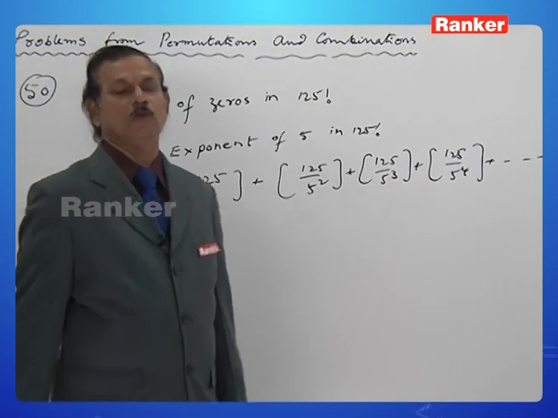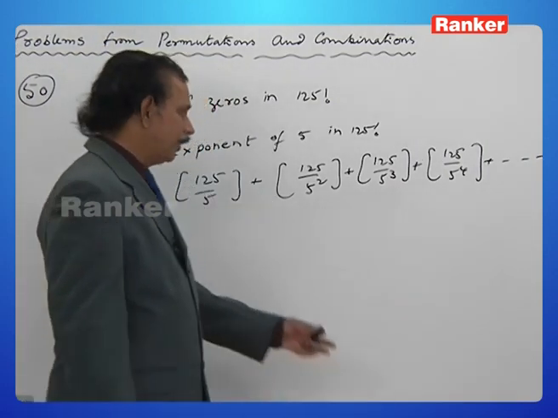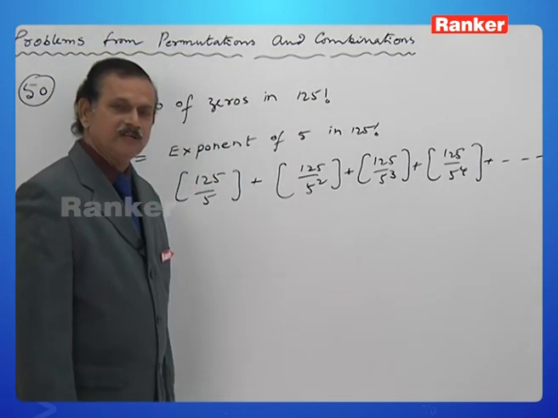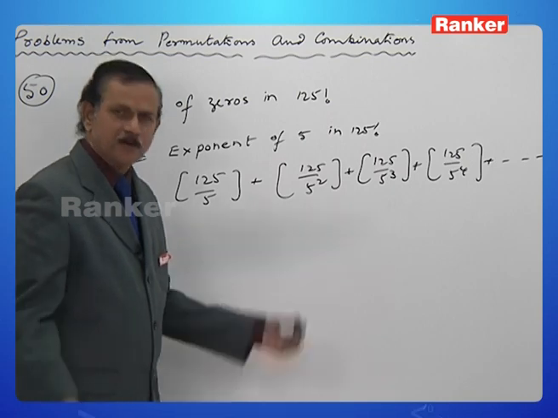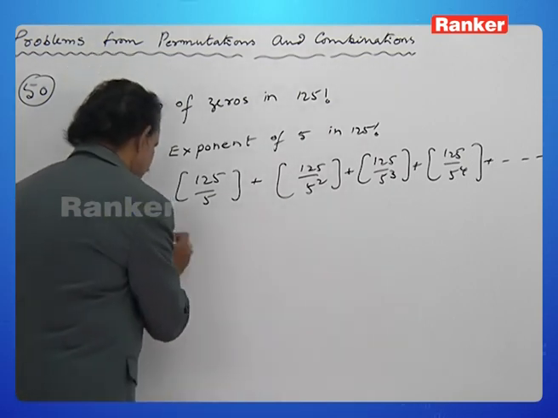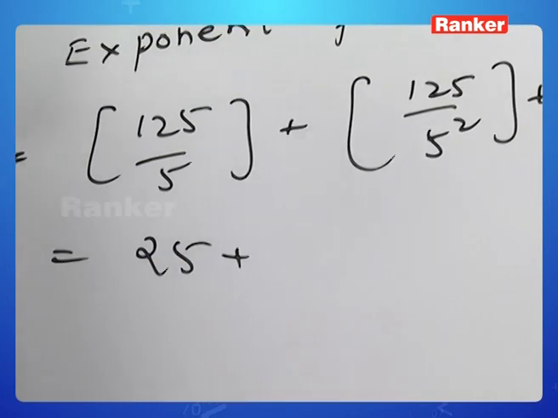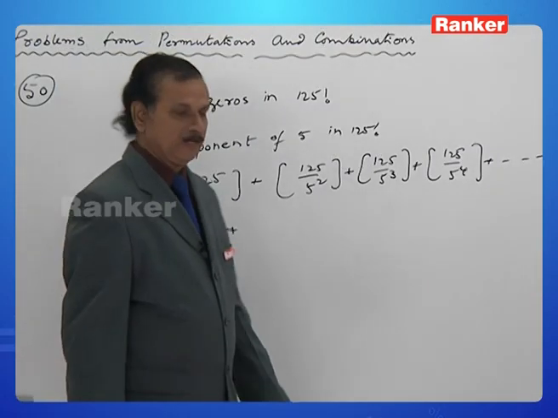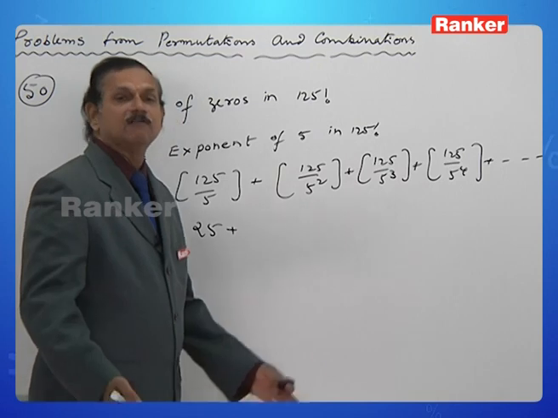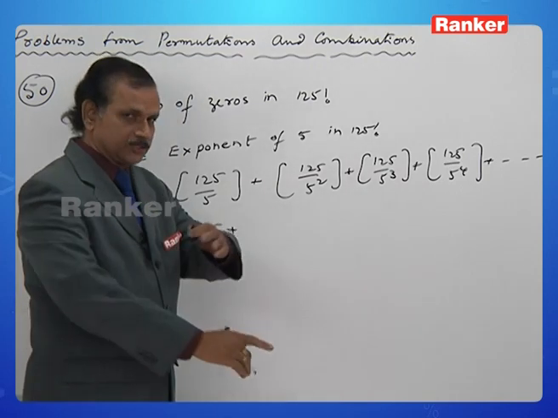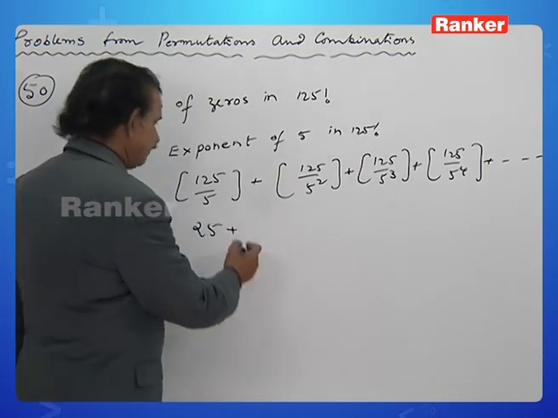Let us observe. What is 125 by 5? 25. What is the integral part of that? 25. As it is an integer, so it is 25. Plus, what is 5 square? 25. 125 by 25 is 5. 5 is an integer and the integral part of that is 5 itself.